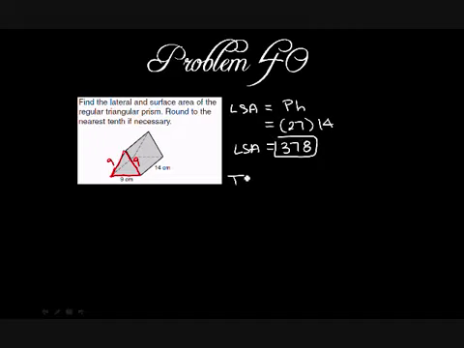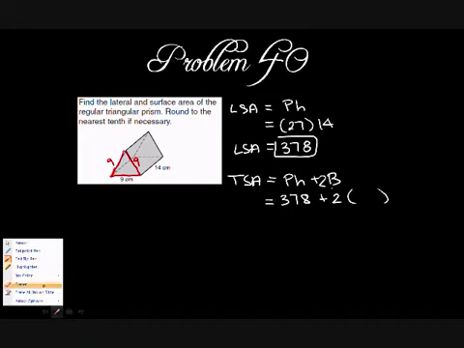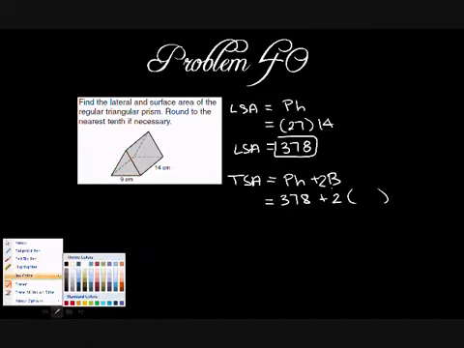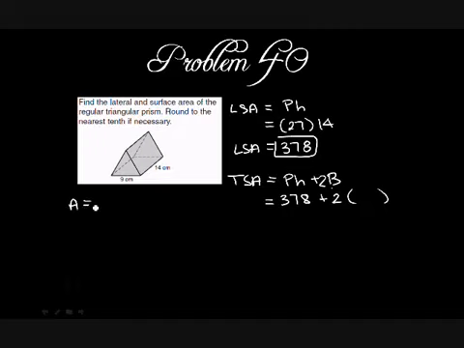Okay. For my total surface area, it's pH plus 2B. So we've already got the pH, that was 378. And we need to find the capital B, which is the area of the base. That's a little bit trickier. So our base is a triangle, so that means we're going to use this formula, 1/2 base times height, to get the area of it.